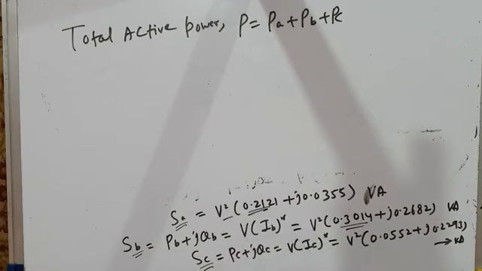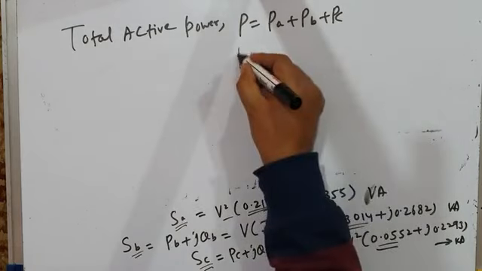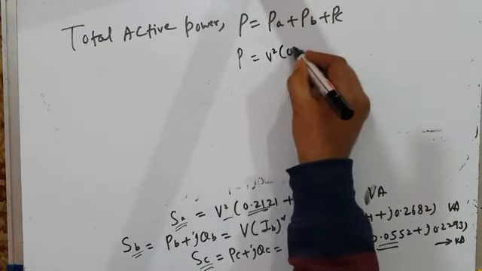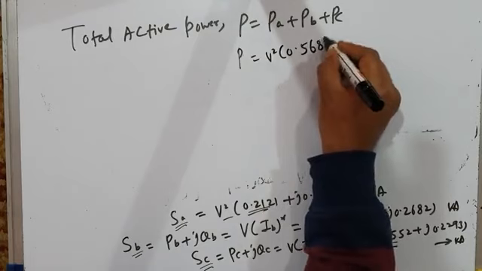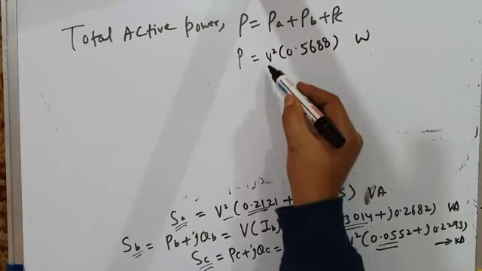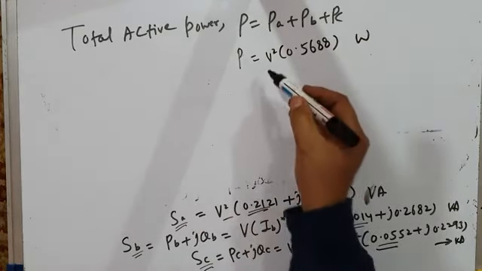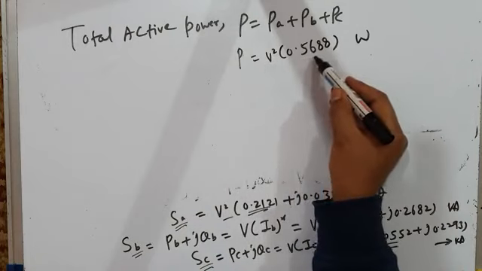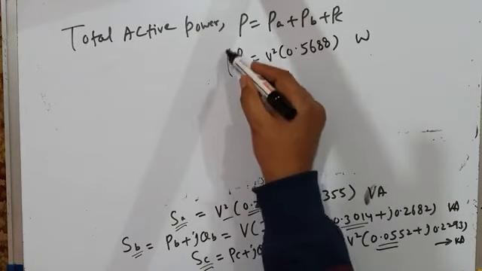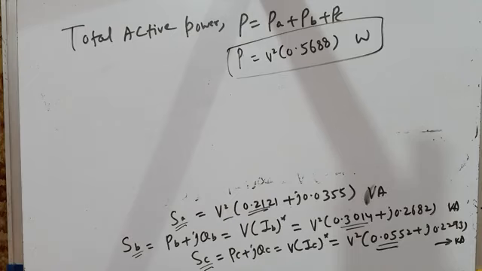This is the active power consumed by phase A of the load, this is the active power consumed by phase B, and this is the active power consumed by phase C. If you add these, you will get the total active power, which is V square into 0.5688 watts. If the phase voltage is given as 230 volts, it will be 230 square into 0.5688. That will give you the total active power consumed by the load.